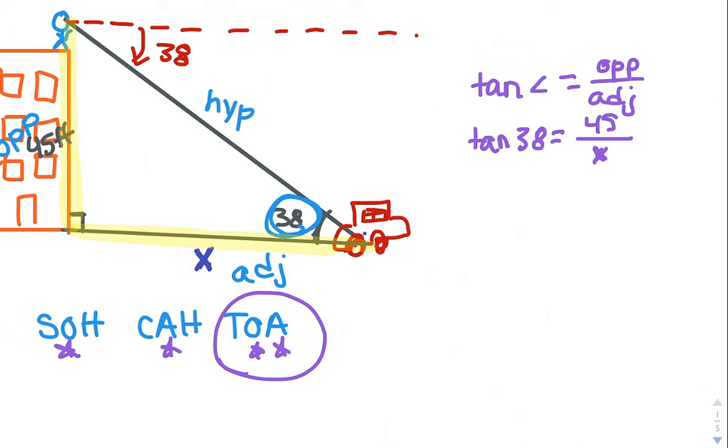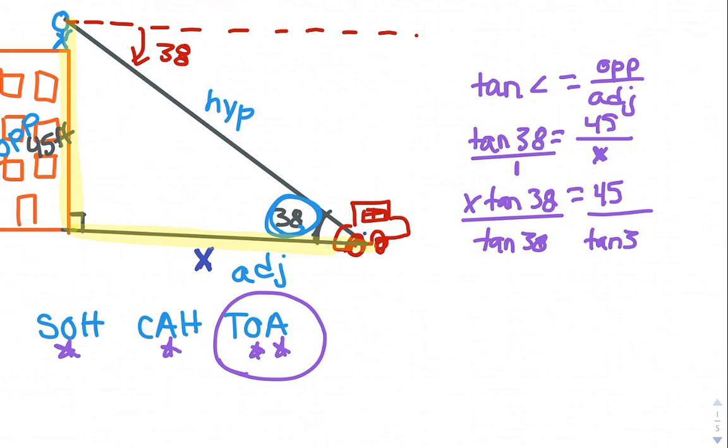Now I have a whole number equal to a fraction. When I do that, remember we put the whole number over 1, and then we're able to cross multiply. Tangent 38 times x would be x tan 38, and 45 times 1 is just 45. Since it's x times tangent, you have to divide by tangent to get x alone. So I divide by tan 38.